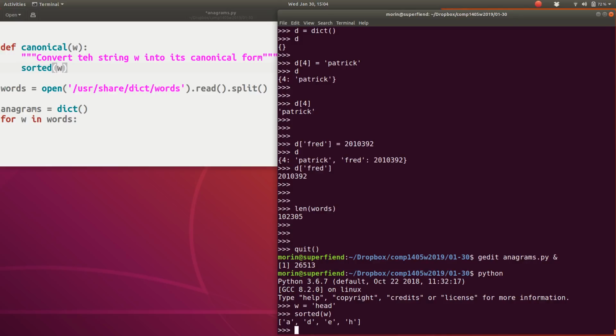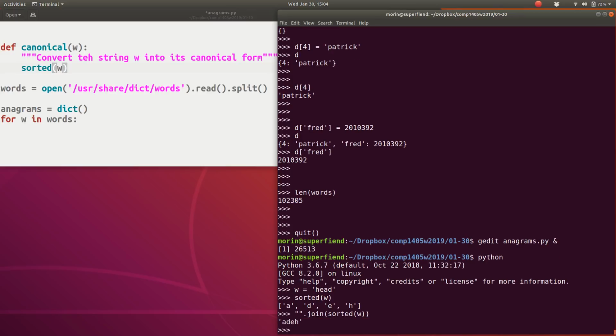And I'd like to keep things looking pretty, so let's make this into a single string. So that means we'll take all of those letters and join them back together with no spaces in between them. Okay. So for the word head, its canonical form is ADEH.